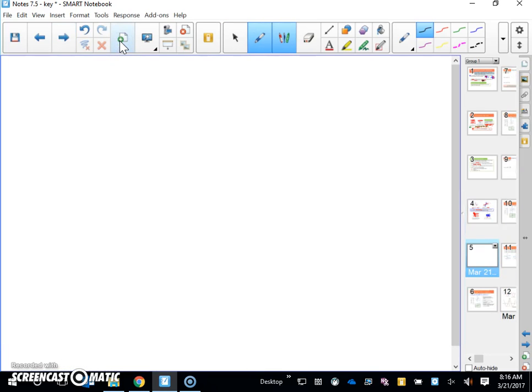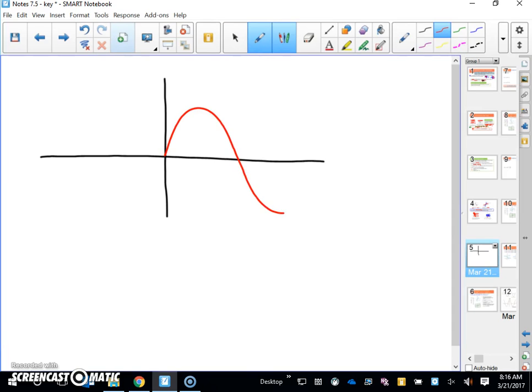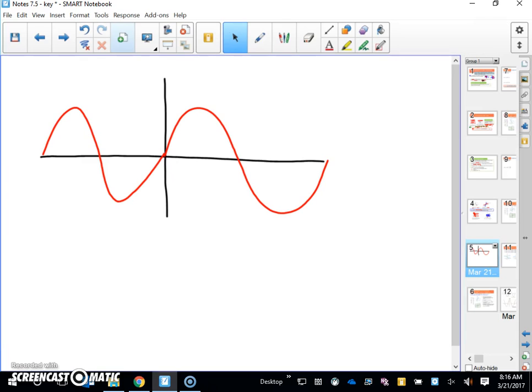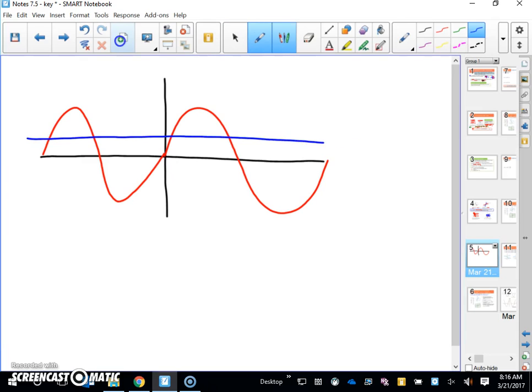Because if you remember, when we graphed a sine curve it looks something like this. That was one period of it, and if you go the other way, it goes on and on and on forever. It's periodic, it repeats itself. But it's pretty easy to see that's not going to be one-to-one, so we're not going to be able to deal with that. That's not going to have an inverse.